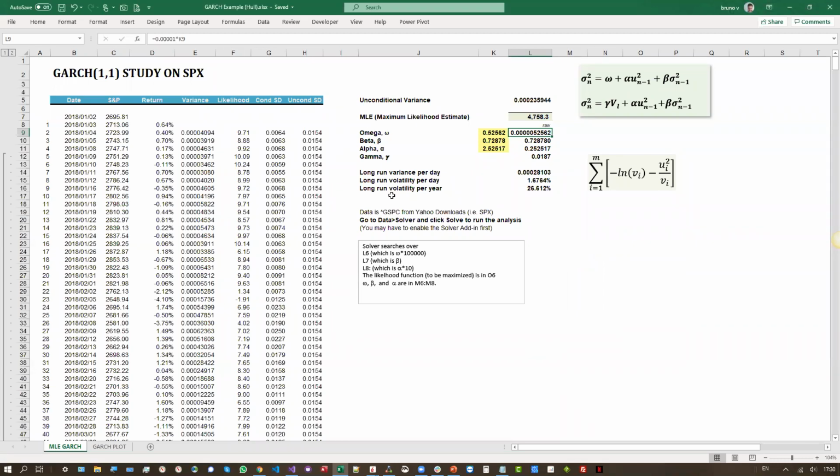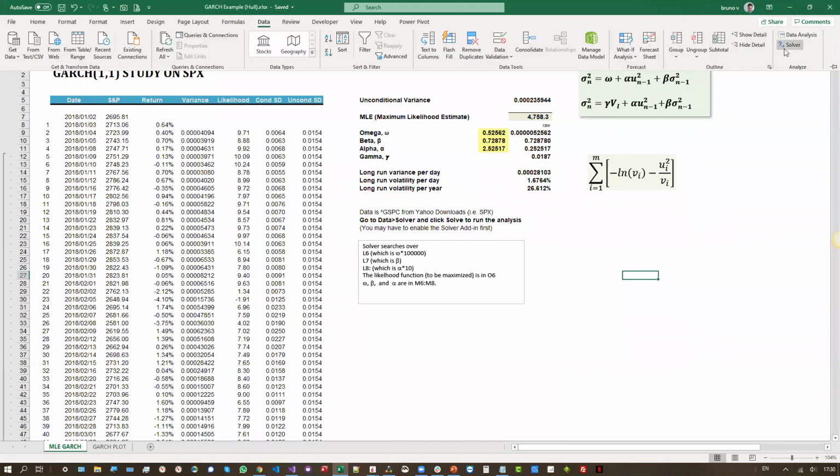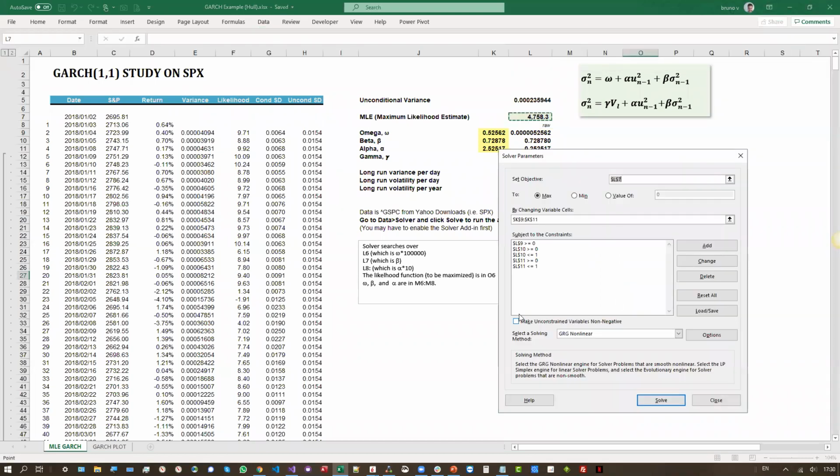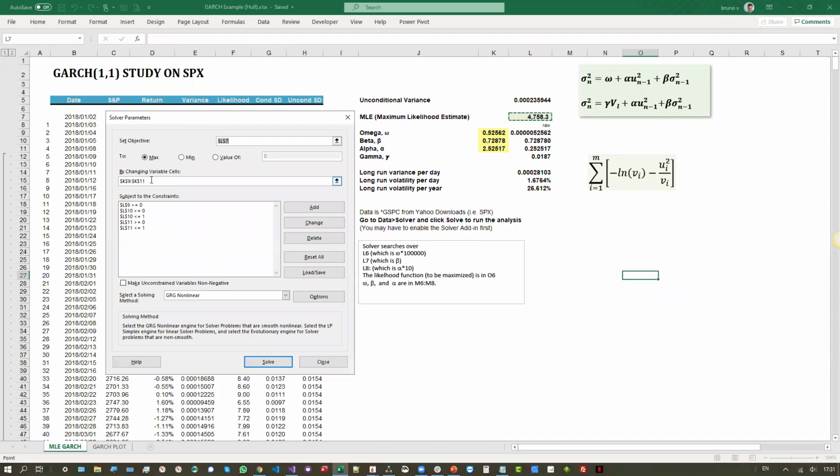Once you're there, the problem has already been set up inside the spreadsheet. You just have to go to data, solver, and the changing variables are these ones. I need to figure out those parameters. I give a few constraints: I know that those variables must be between 0 and 1.